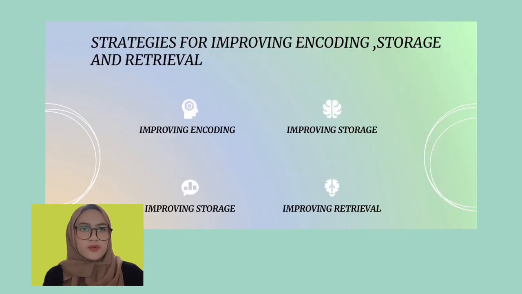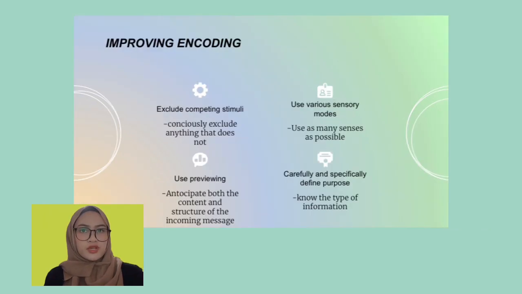Strategies for improving encoding, storage, and retrieval. The first step is improving encoding, improving storage, and improving retrieval. For improving encoding, first, exclude competing stimuli, for example, exclude anything that does not relate to the material.